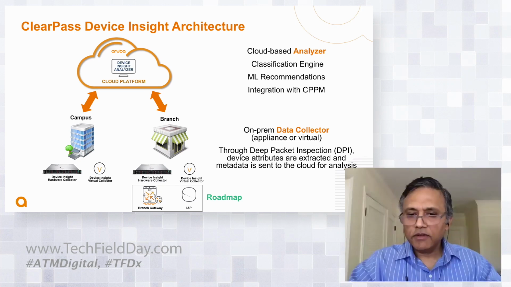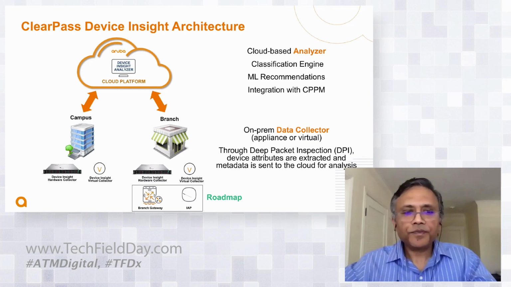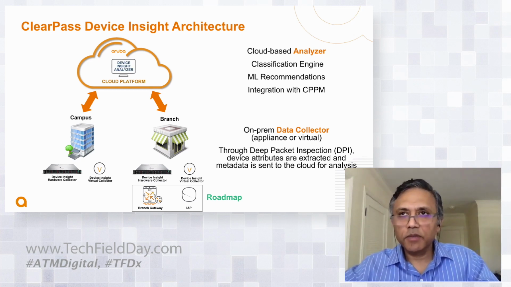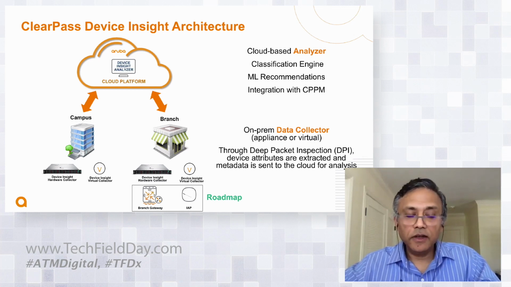Sure. I think I have a slide that's coming up that dives into a little bit more detail, but I can start over here. So in terms of the collection technologies, the collector, which is an appliance available in a hardware form factor, or something you could deploy as a virtual appliance, collects span traffic. It can collect span traffic passively.